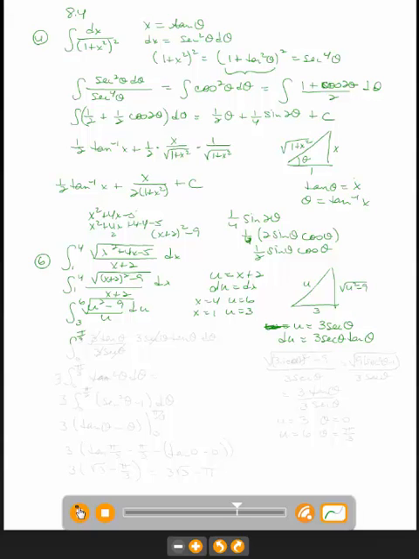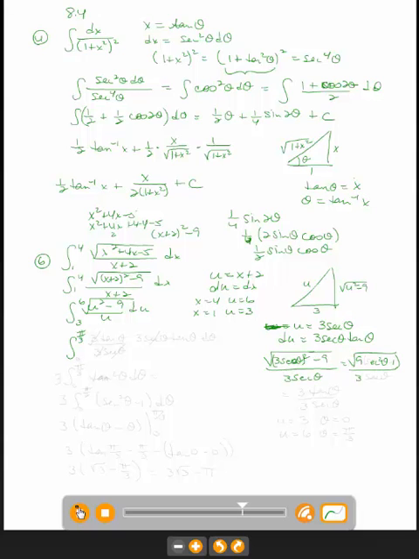So this turns into, here's my little weird substitution again. Working with the numerator, I have 3 secant of theta squared minus 9 over 3 secant of theta.